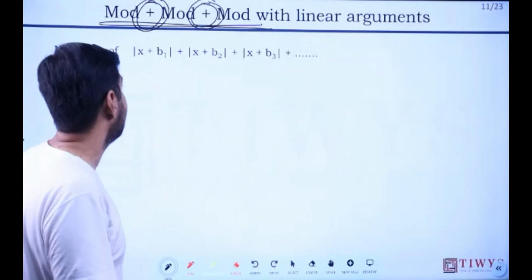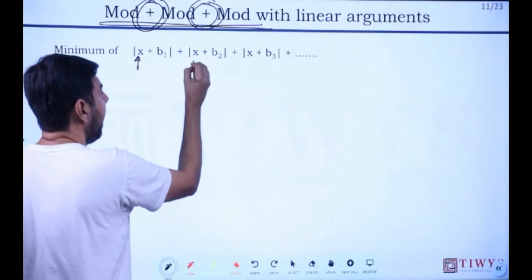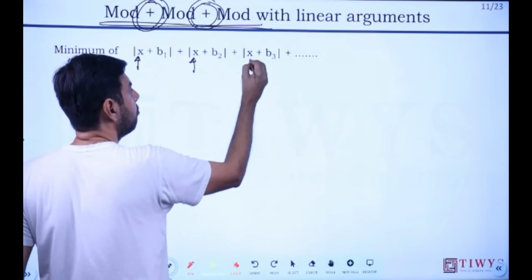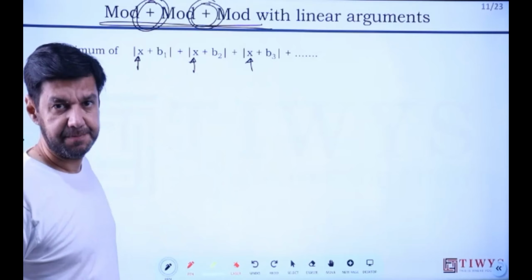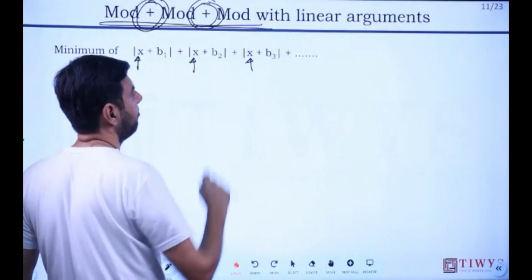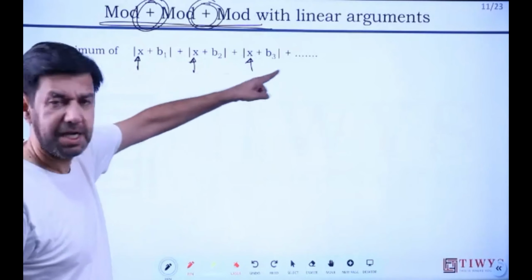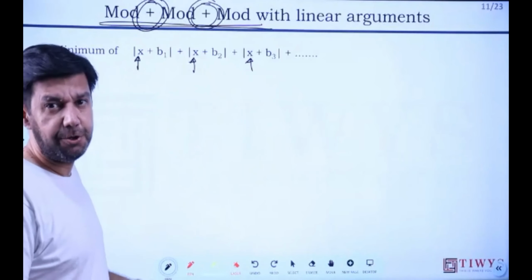So the easy case I'm doing is this: x, there is no coefficient to x. So we have an expression mod of x plus b1, mod of x plus b2, mod of x plus b3, anything. I'm just using variables because that tells me how confident you are.